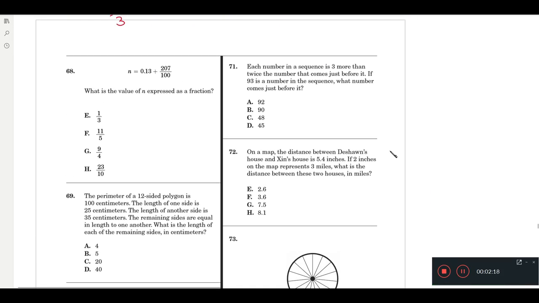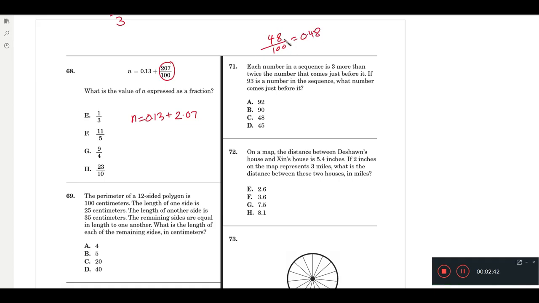So n is equal to 0.13 plus 207 divided by 100, and we could convert this into a decimal. What is 207 divided by 100 in decimal? 2.07. It's a shortcut you all should know. If you divide 48 by 100, you get 0.48.